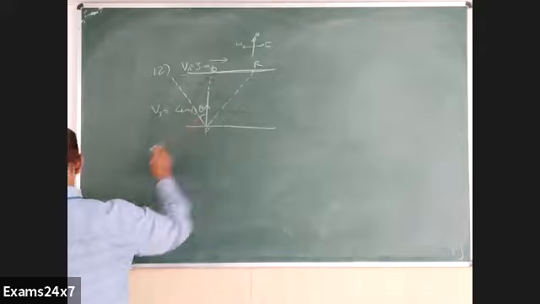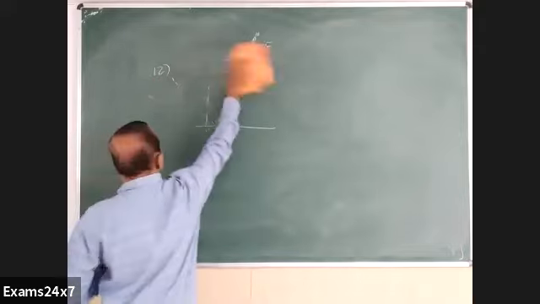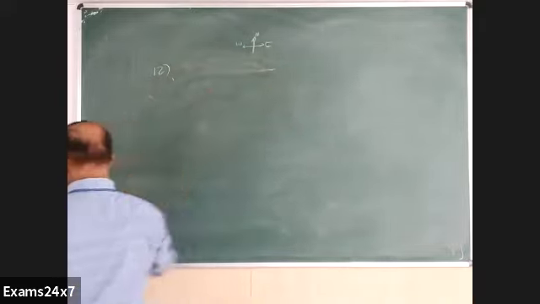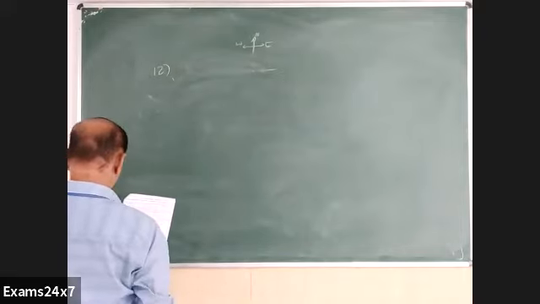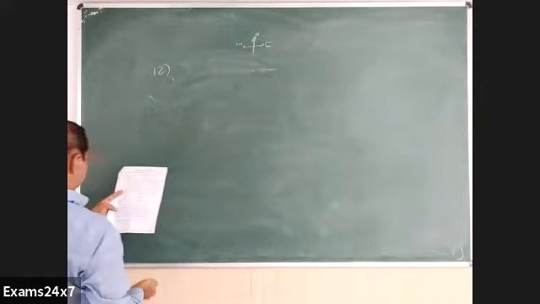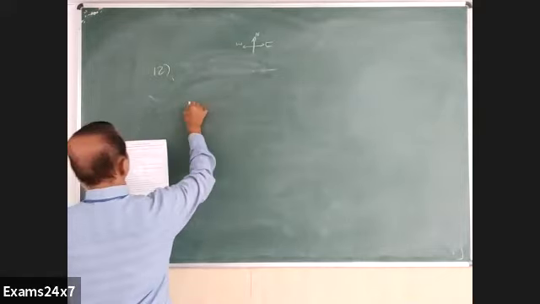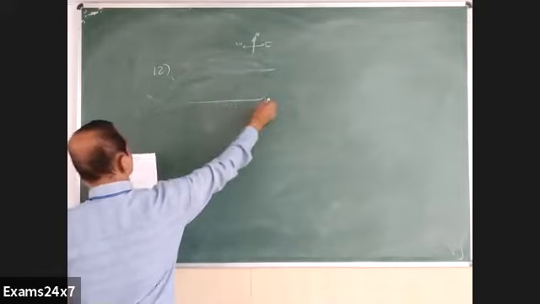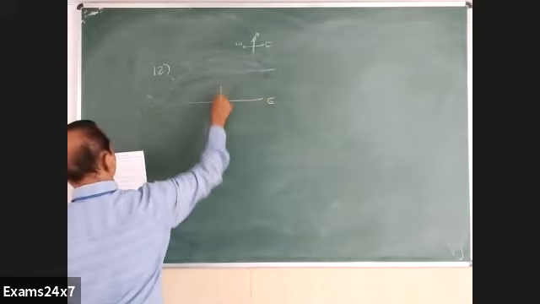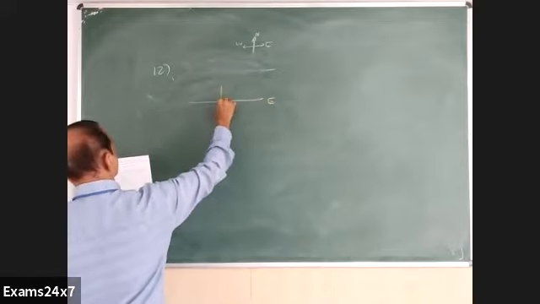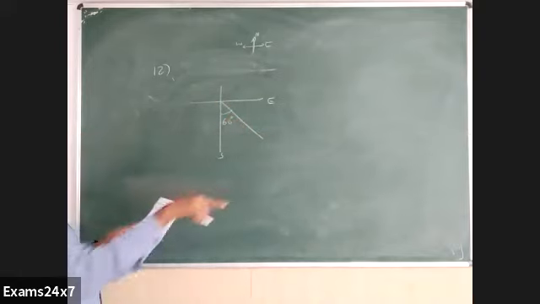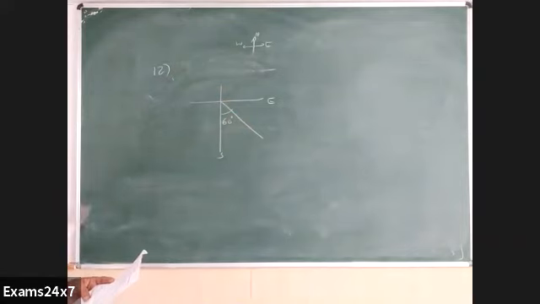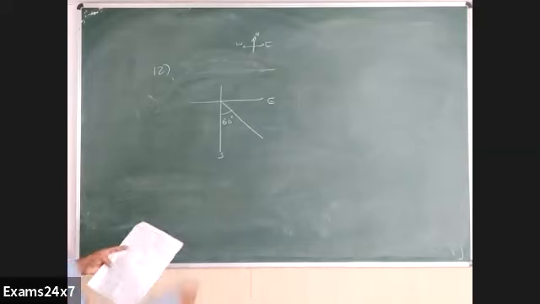So boat is going this way. This is east, 60° east of south. Here is south. 60° towards east from south. That is the direction of water current.